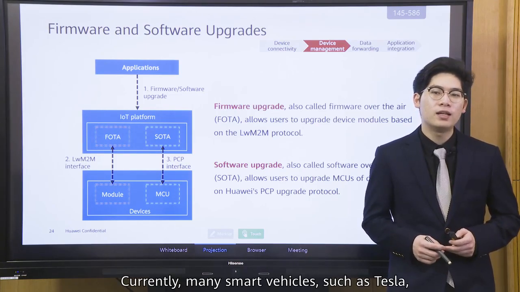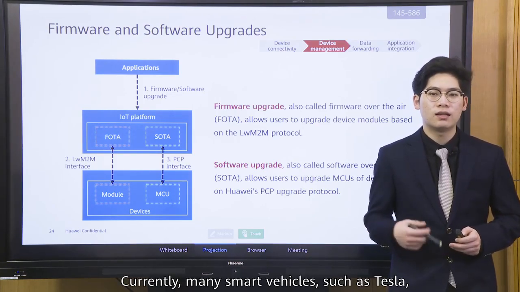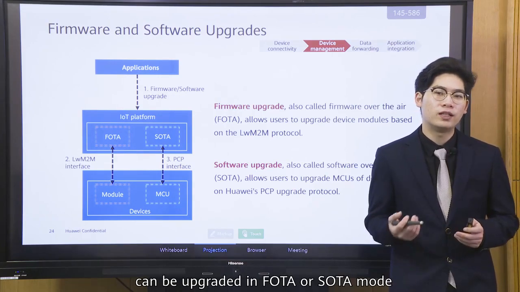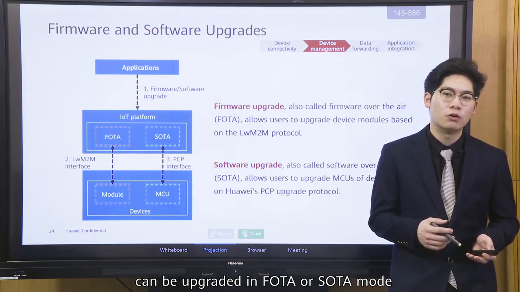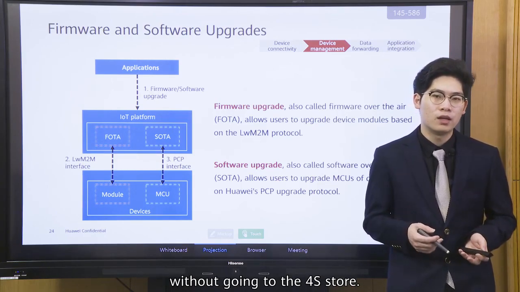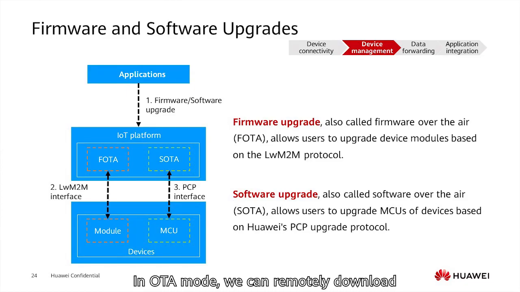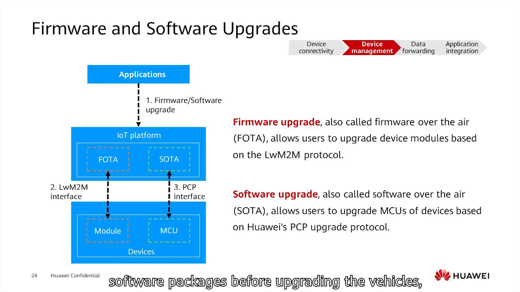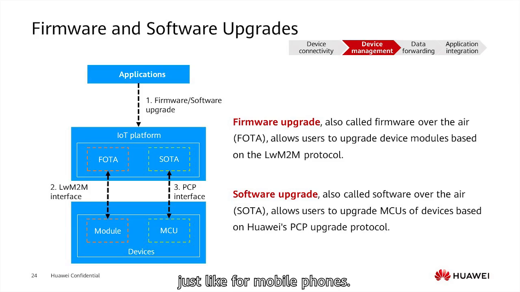Currently, many smart vehicles such as Tesla can be upgraded in OTA mode without going to the 4S store. In OTA mode, we can remotely download software packages before upgrading the vehicle, just like for mobile phones.